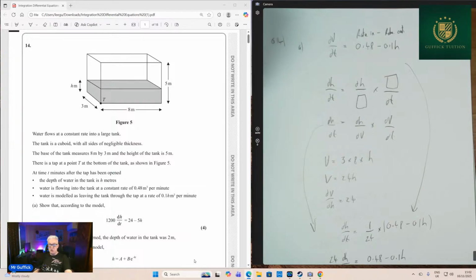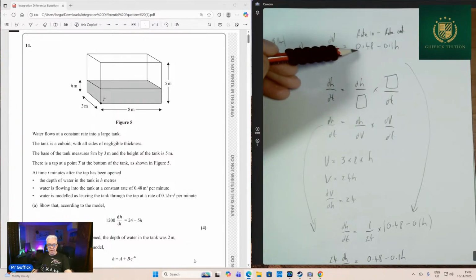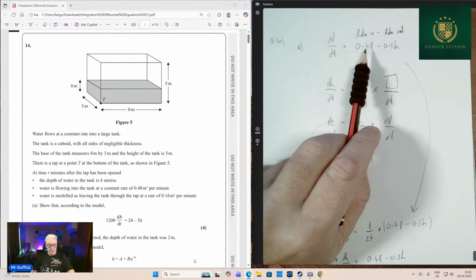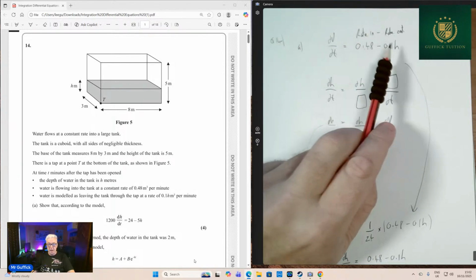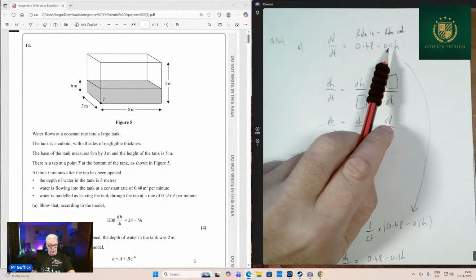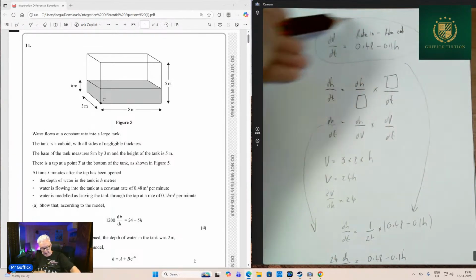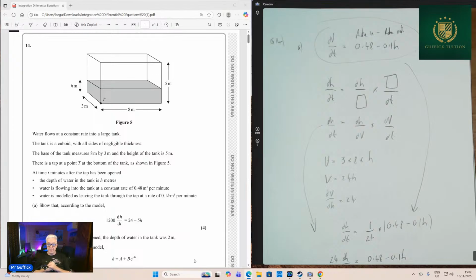The rate of change is equal to the rate that the water pours in minus the rate that the water pours out. The question tells us it's flowing in at 0.48 meters cubed per minute, and flowing out at a rate of 0.1h meters cubed per minute. So that is our dV/dt, the rate of change of the water.